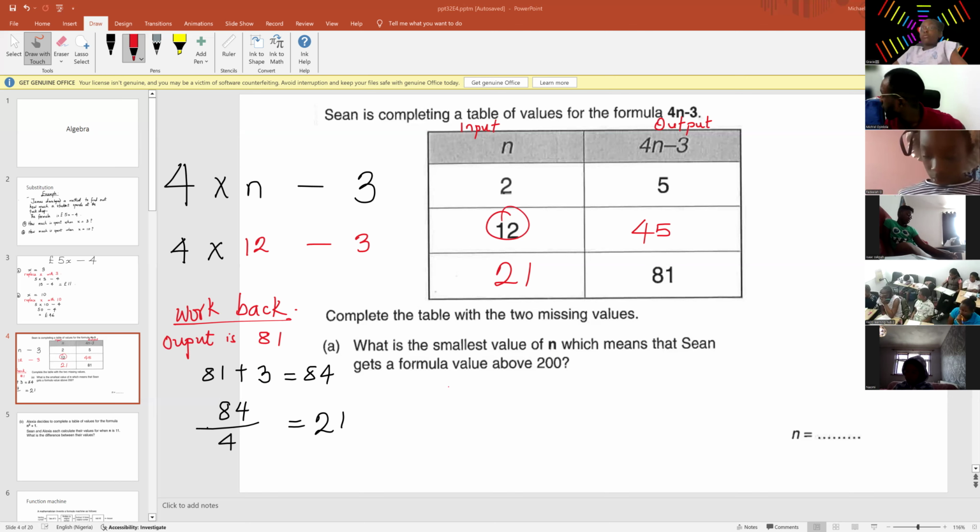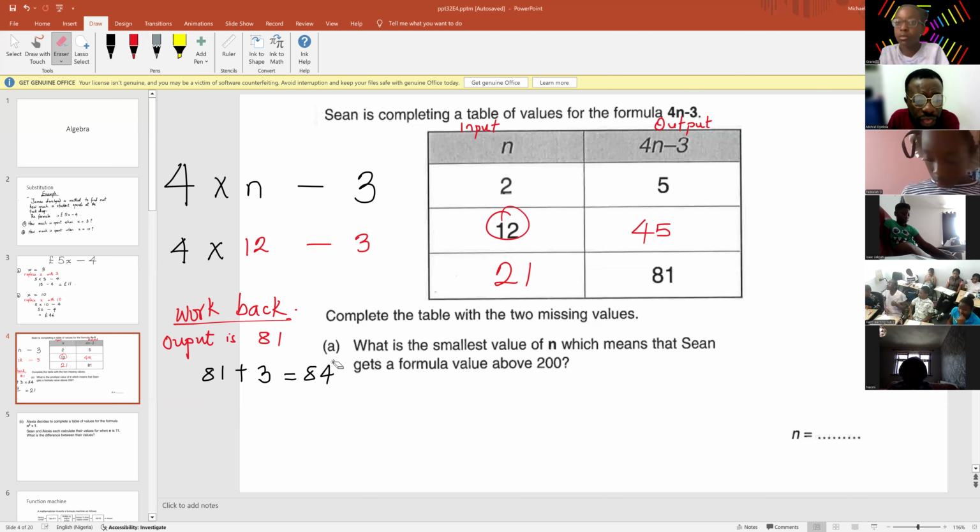Just asking, what is the smallest value of N which makes Sean get a formula value above 200? For us to know that value, we need to know the smallest number above 200. So what is the number above 200? 201.